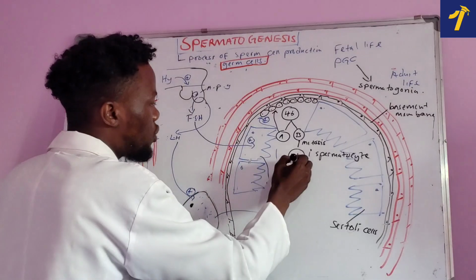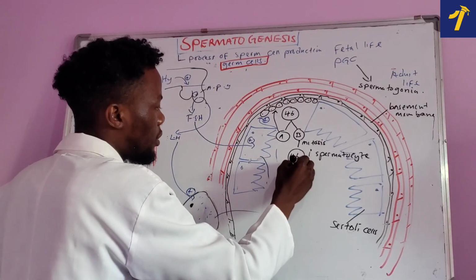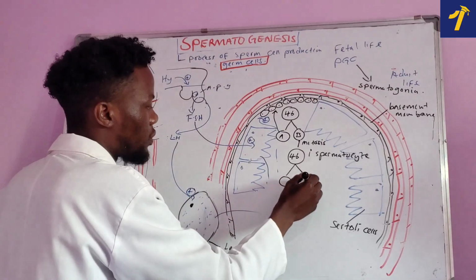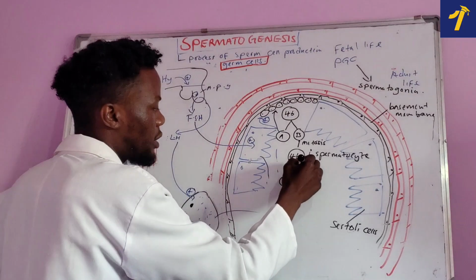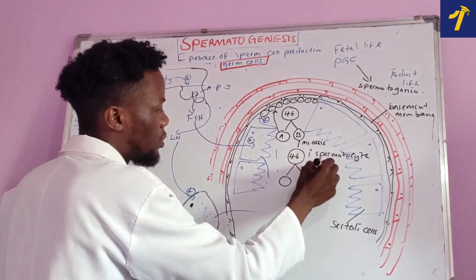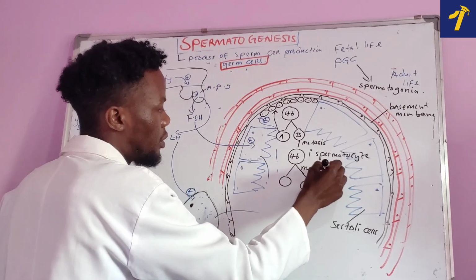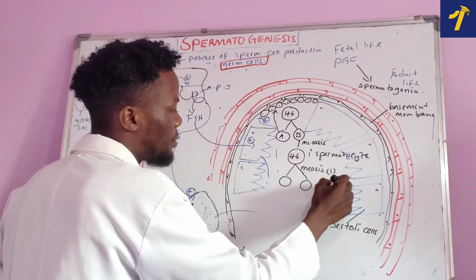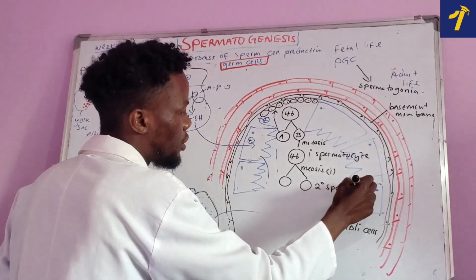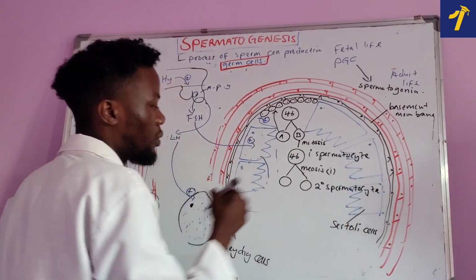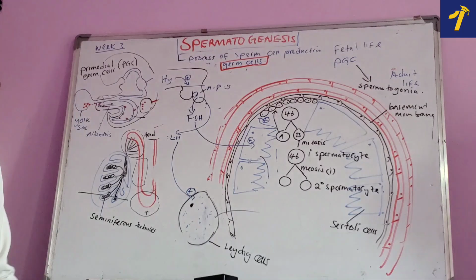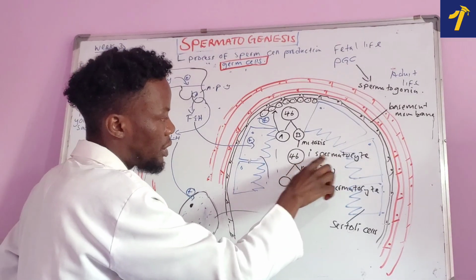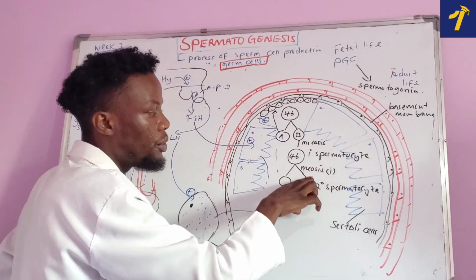So what's going to happen here is that this primary spermatocyte is going to divide by meiosis 1 into secondary spermatocytes. Again, what we're simply saying is that this primary spermatocyte is going to divide by meiosis now.